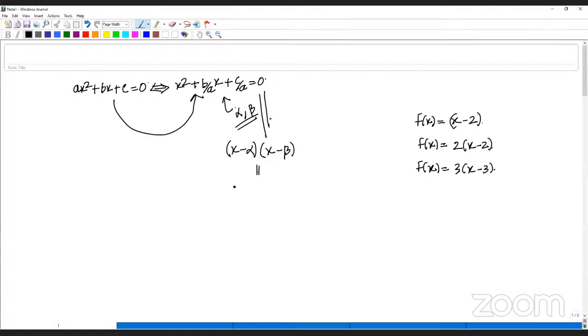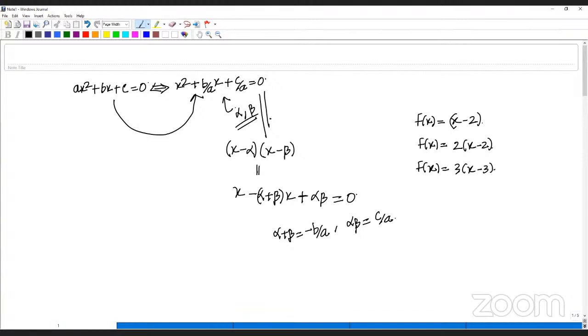So this is nothing but x square minus alpha plus beta times x plus alpha into beta. So alpha plus beta is minus b by a, and alpha beta is basically c by a.